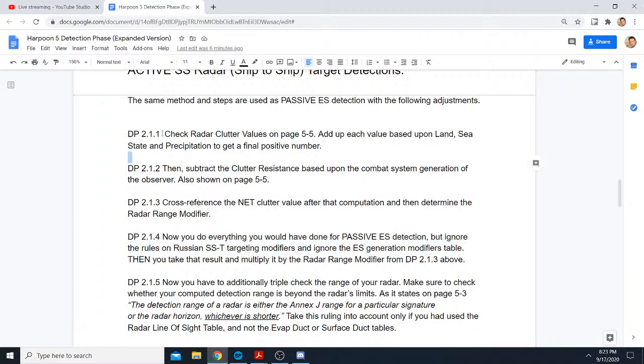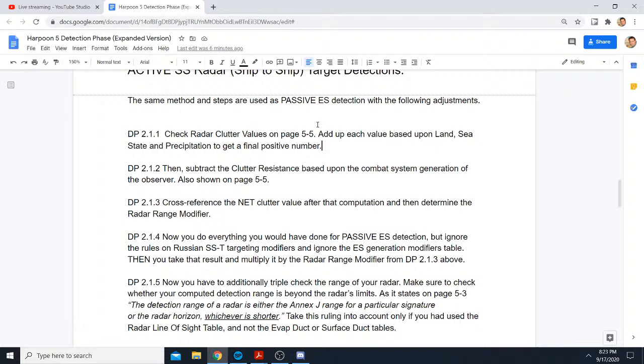One of the first things you need to do is check the radar clutter value on page 5.5. We'll take a look at it after I get through these things. You add up each of the values based on land, sea state, and precipitation to get a final positive number.